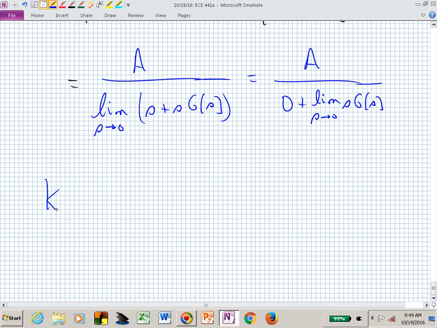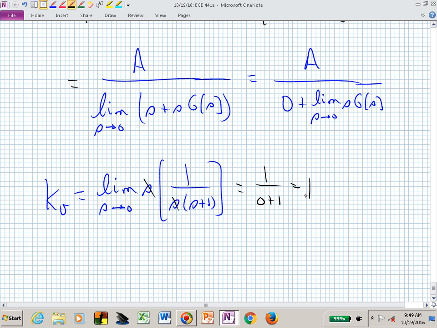We defined that to be our velocity error constant, K sub V. That's the limit as S goes to 0 of S times G of S, and in our case, G of S was that, wasn't it? And this now goes to 1, so that our steady state error is A over K sub V, which is 1, or our steady state error is A. And that's bounded.